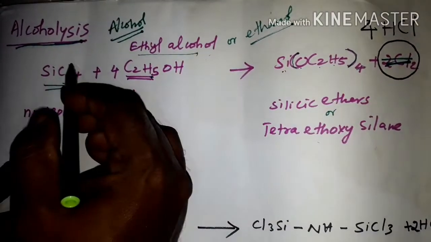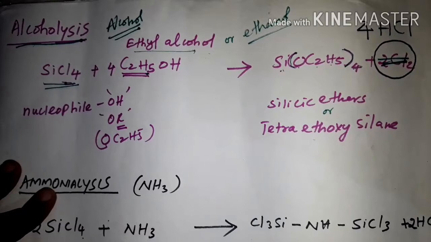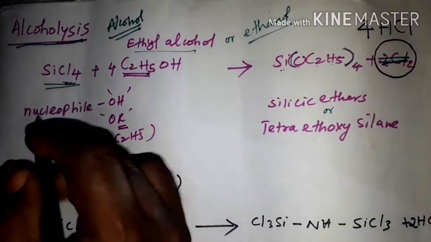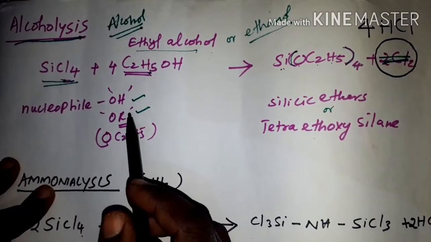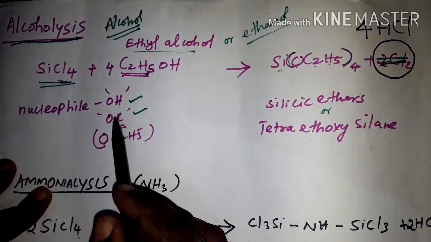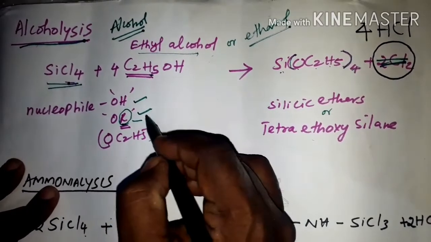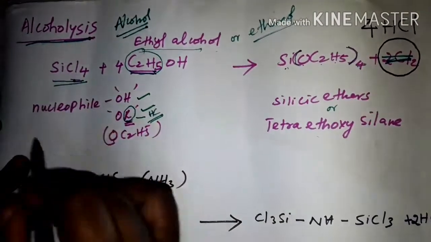Actually this silicon is surrounded by 4 chloride ions. These chloride ions one by one we can replace by a nucleophile. Last year you studied about nucleophiles. Nucleophile examples are OH, OR. Here R is a hydrocarbon, so you can say C2H5.